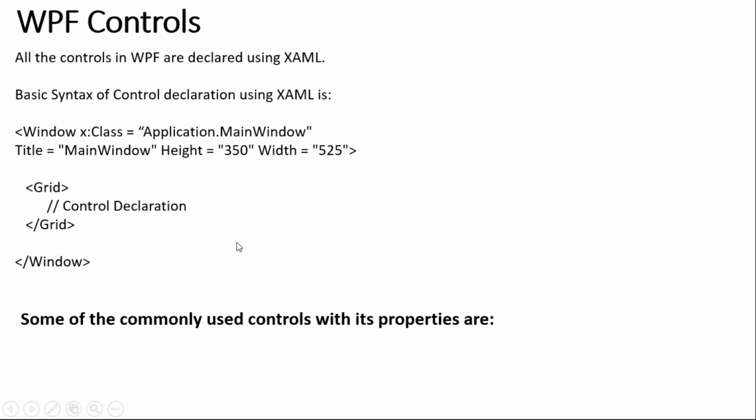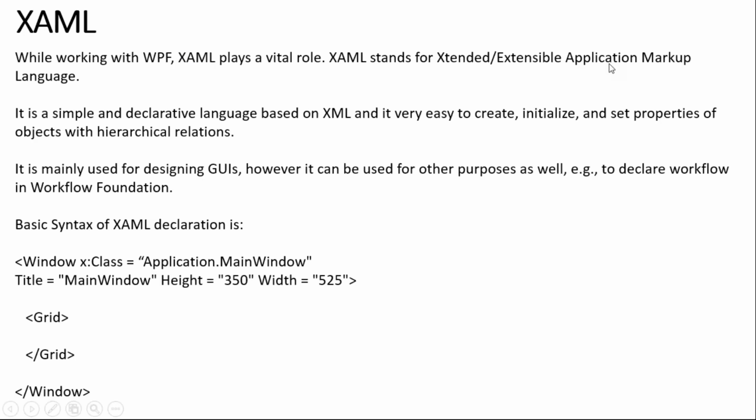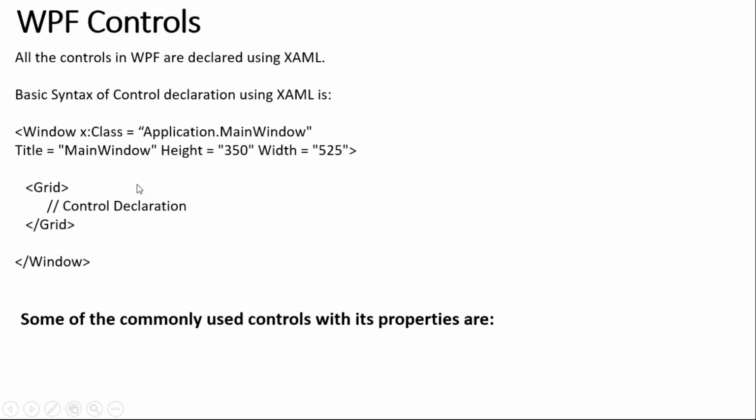In the exam, there will be one question, explain the generalized syntax of XAML for 4 marks. So you only need to write these 4 lines along with a short description of XAML, what it stands for and why we are using it. Any of these you can write for 4 marks.